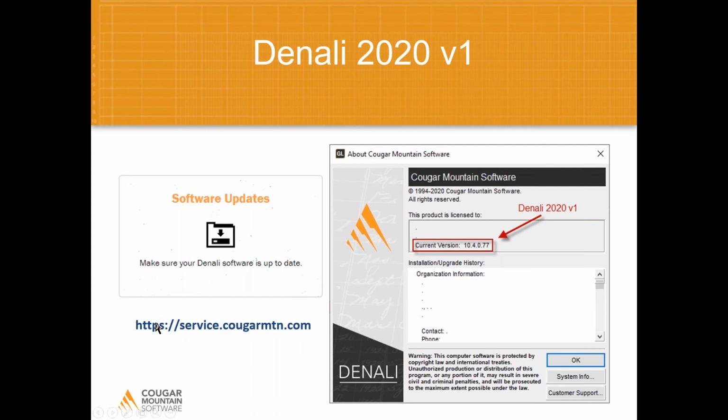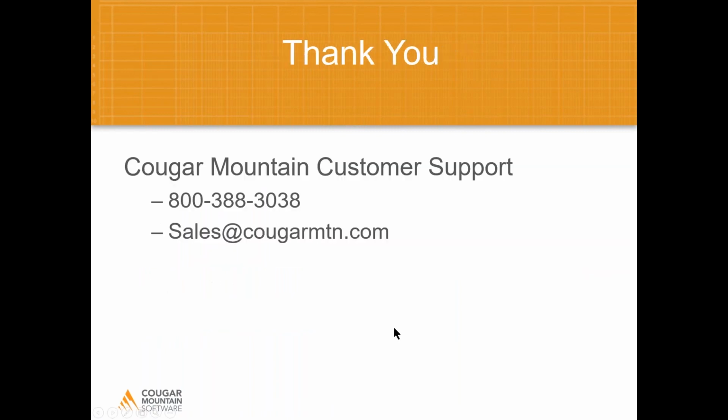If you need to update to our latest version, just simply go over to our service website and you can download the updates from there. Also, if you need any assistance in installing your updates, then please contact your Cougar Mountain representative and we can definitely help you with getting that update done.